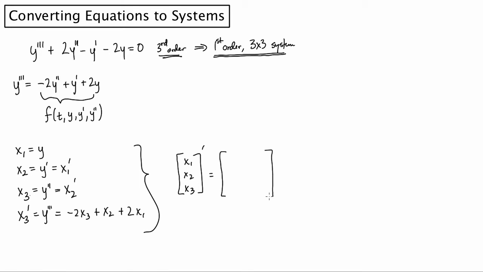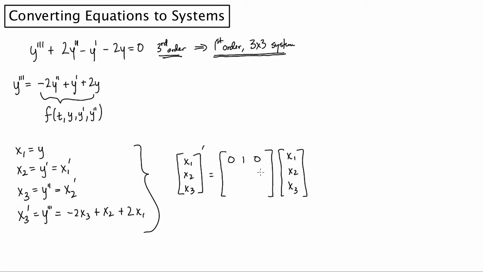I'll come back and fill in the coefficient matrix in a second. For example, look at x1 prime. x1 prime depends only on x2. So the coefficient matrix would have a 0, 1, 0 because only x2 contributes to x1 prime.